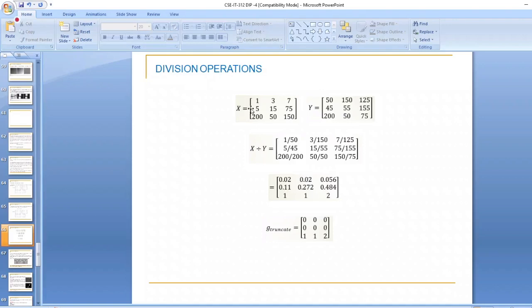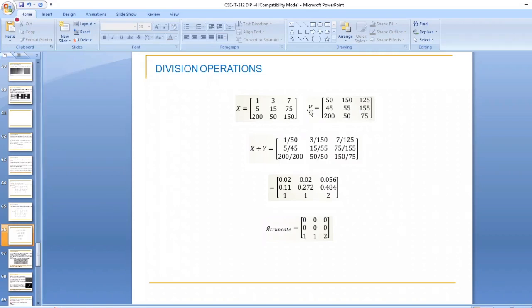Yes. So this is image X and this is image Y, and this image X has 1, 3, 7 in the first row, 5, 15, 75 in the second row, 200, 50 and 150 in the third row.